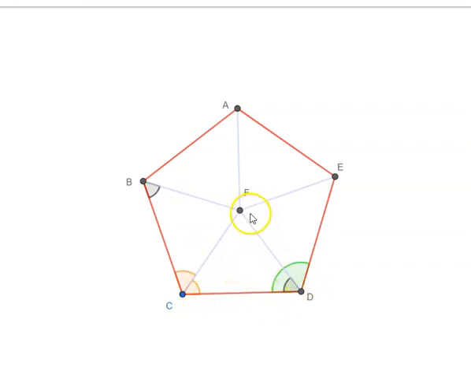Because angle CDF is equal to angle CBF. So since these two angles are equal and this is twice this angle, that means this is also going to be twice the CDF. That means these two angles are equal to each other, which means we can follow the same logic in a circular pattern and show that all these angles are equal to each other.